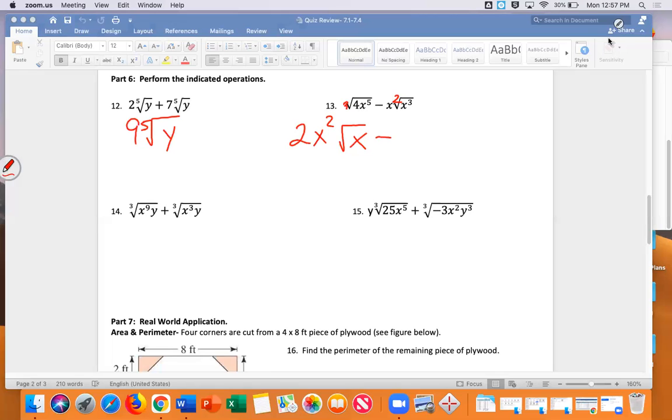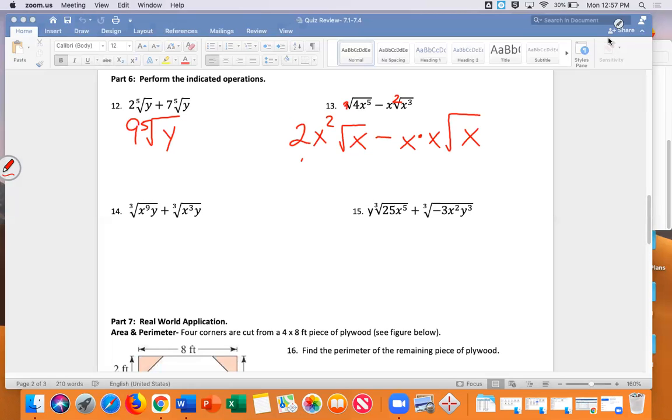For the second piece, there's already an x outside. But now I've got to try and break down that x cubed. Ariana, how many times does 2 go into 3? 1. So one more x comes out. How many are left over? So 1 stays on the inside.